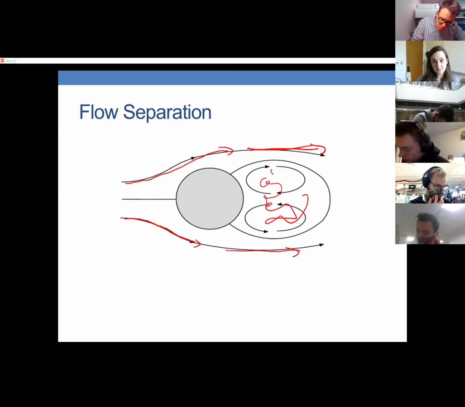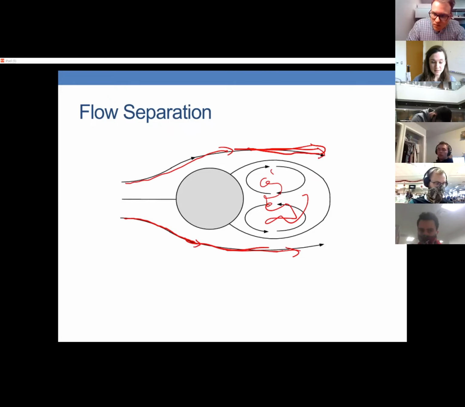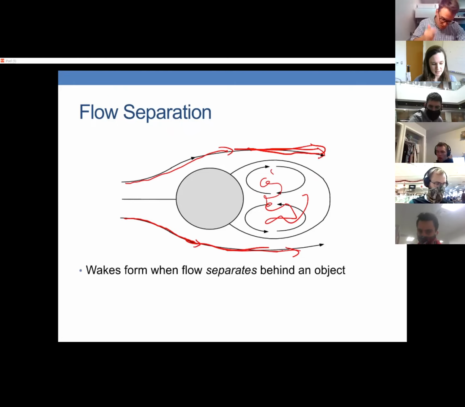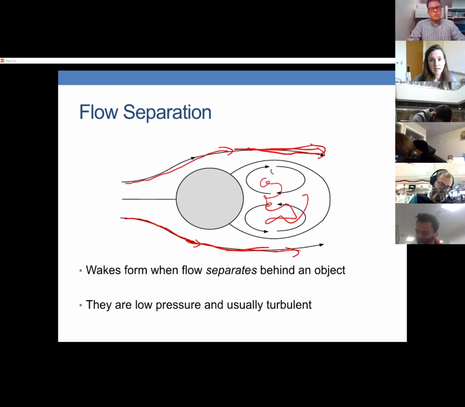So that's another reason: the energy in that flow mostly went into the parts that are continuing to go forward, and you're just left with what's left behind. So wakes form when flow separates behind an object, usually low pressure, usually turbulent.